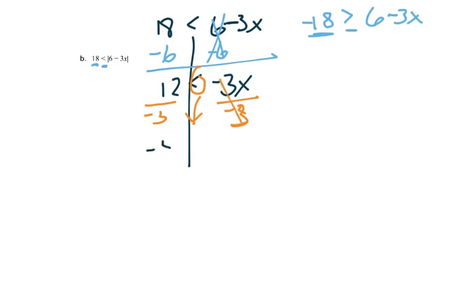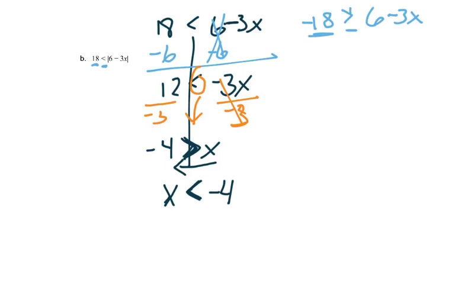So that gives me negative 4 is greater than x. A lot of times we like to write the x on the left-hand side. That's okay to do, but if we do that, we have to read it backwards. And we have to keep the symbol opening to the negative 4. So if we write the x first and then the negative 4, we have to make sure that when we rewrite it, we keep the symbol opening to negative 4.